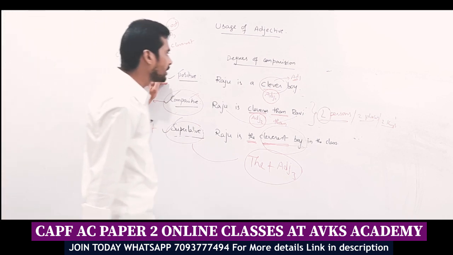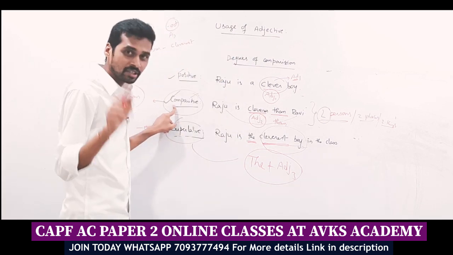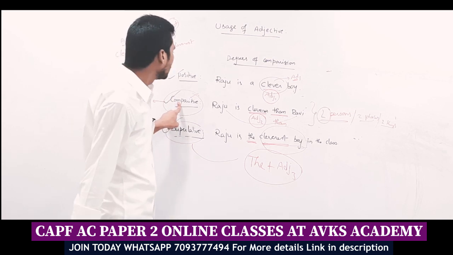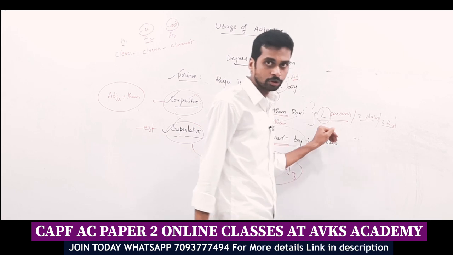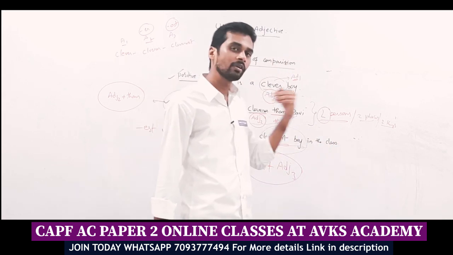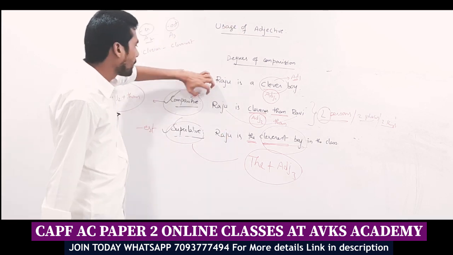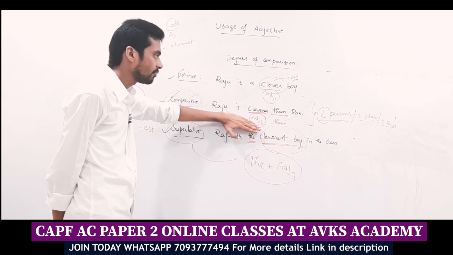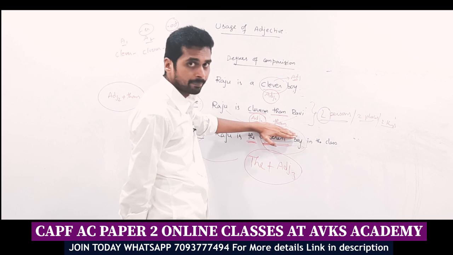So in the positive degree, adjective 1 must be used. In the comparative degree, remember these points: two persons, two places, or two things must be used. We should not use more than two. And the adjective must be in the second form, followed by the preposition than.